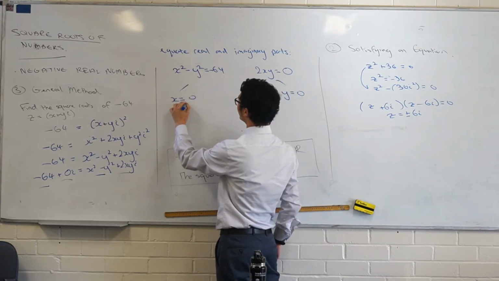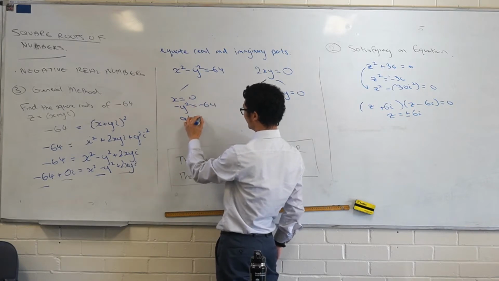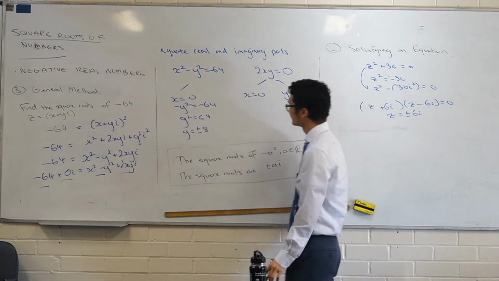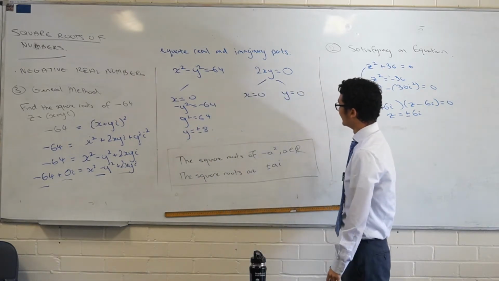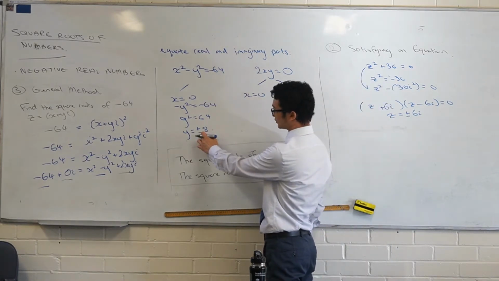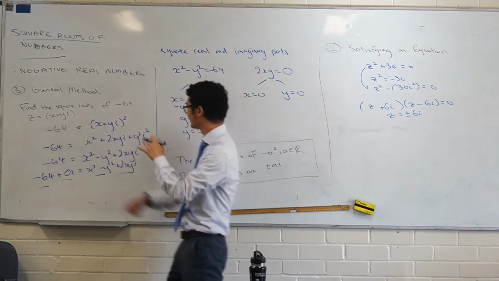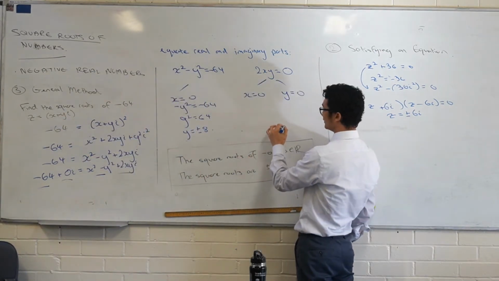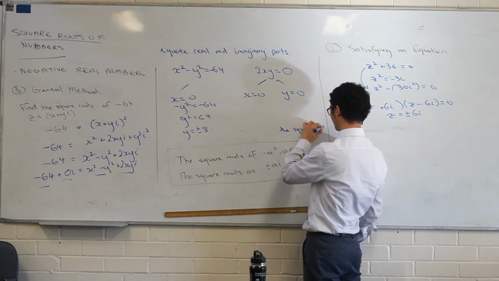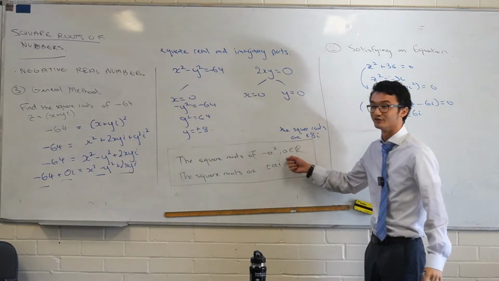We get negative y squared equals negative 64. y squared is equal to 64. So y is equal to plus or minus 8. And that's kind of our answer, yeah? So when x is equal to 0, y is equal to plus or minus 8, which means our complex number, the one that satisfies this, is going to be the square roots plus or minus 8i, which is what we expected because we already knew that.